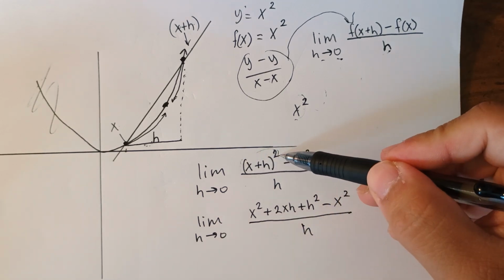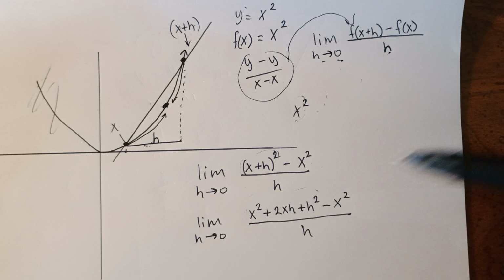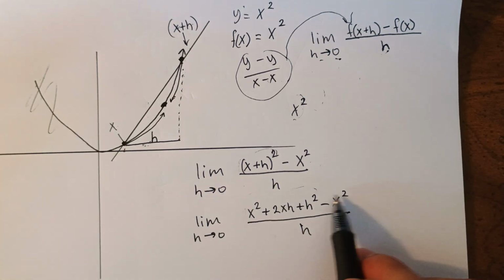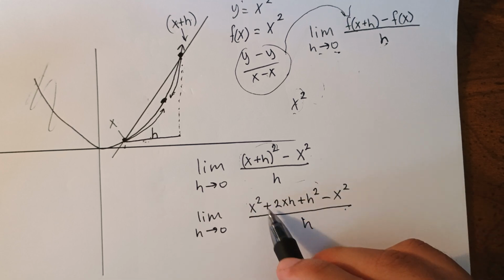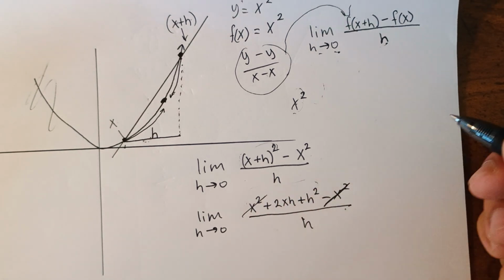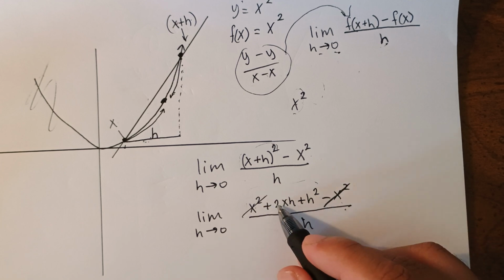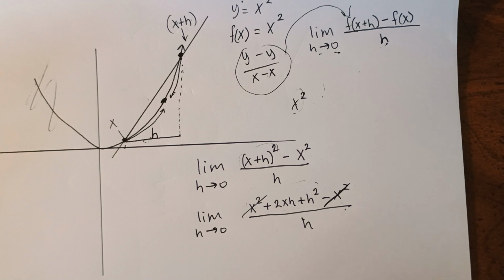So I just squared everything and I got this. And if you notice, this is a minus x squared and this is a plus x squared, so I could just cross those out. They cancel out. X squared minus x squared is just 0. And we're just left with this stuff on the top.